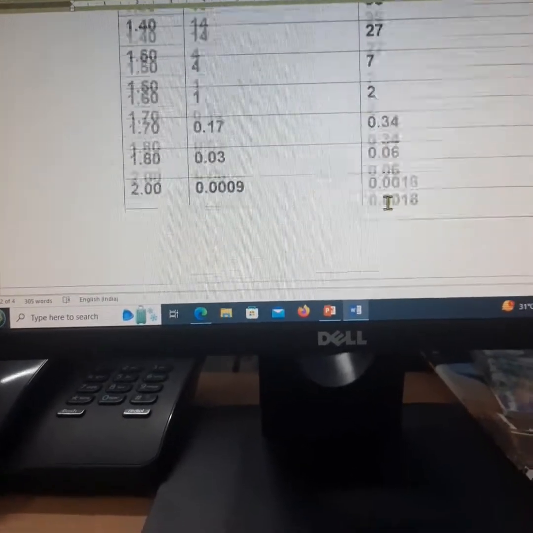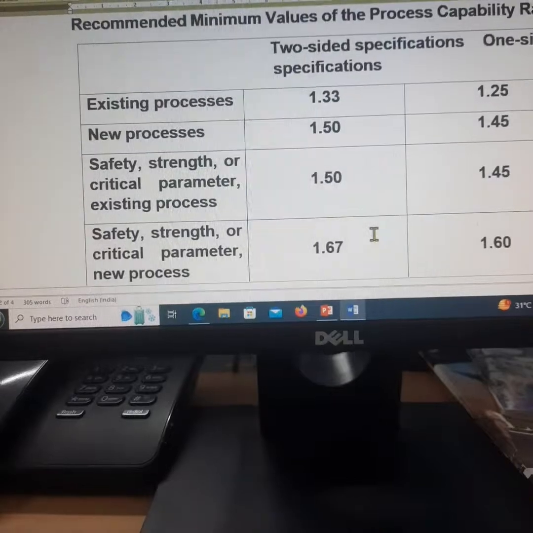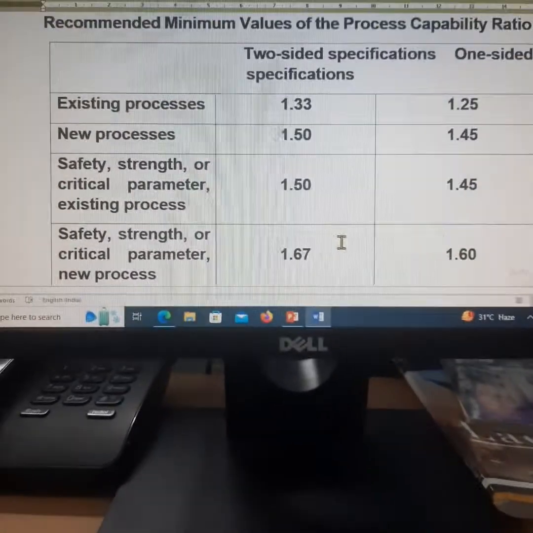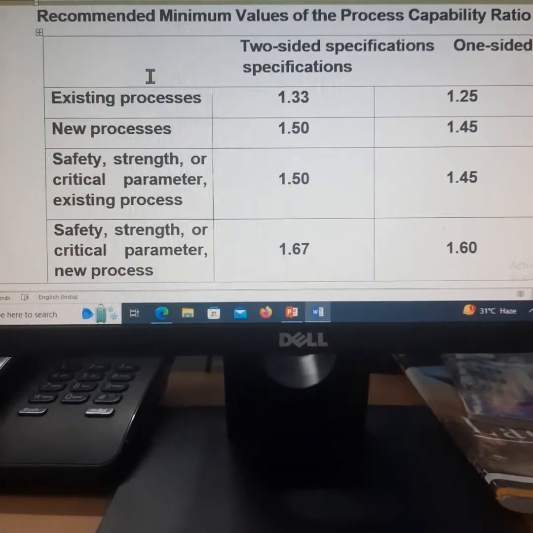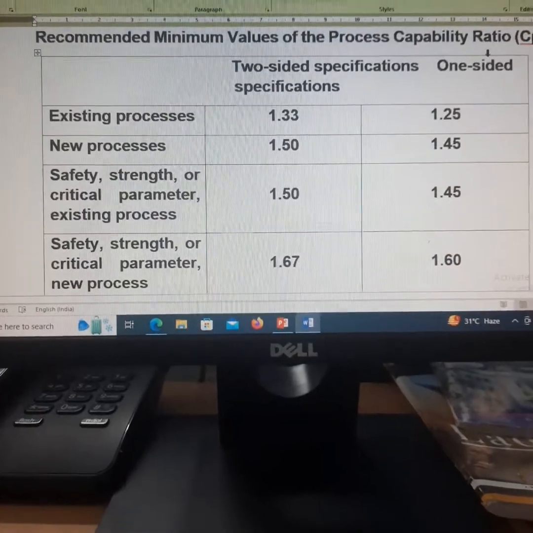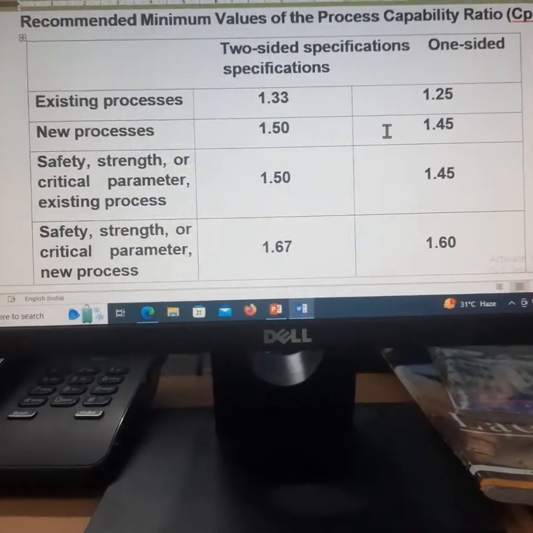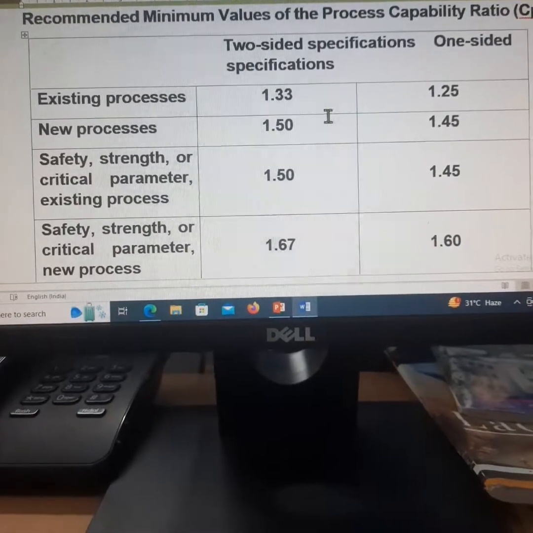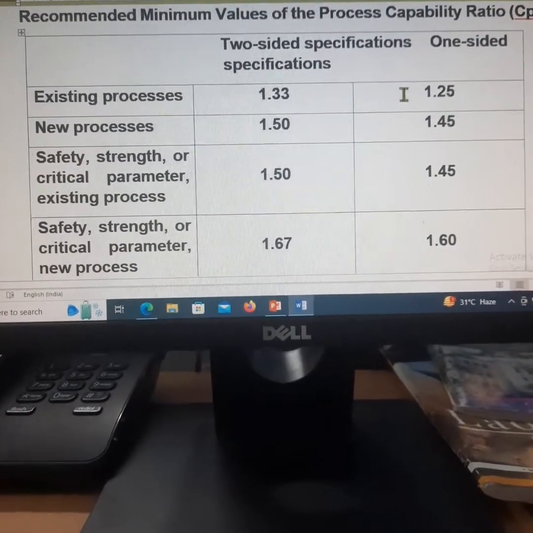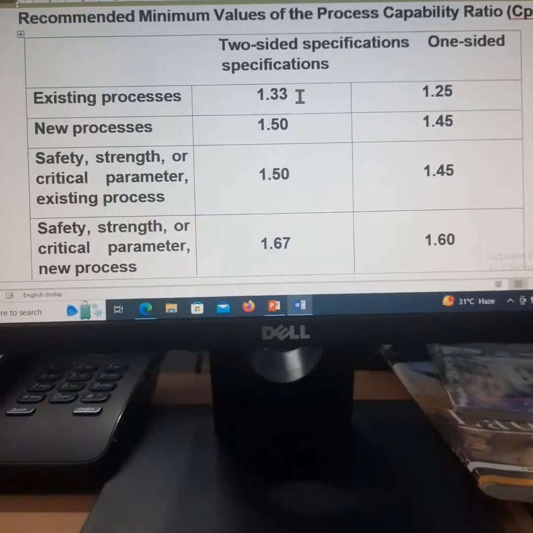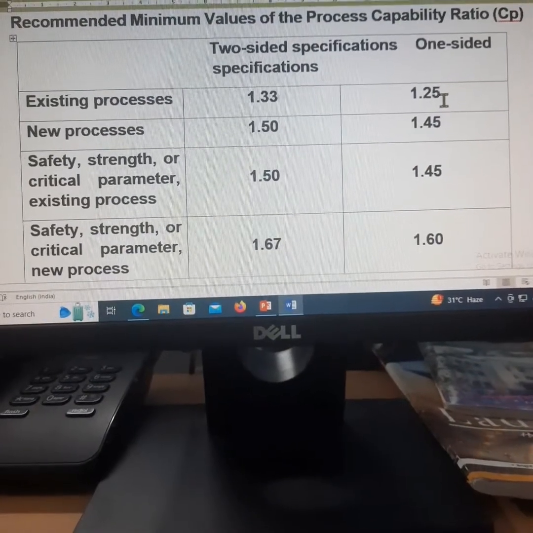The recommended PCR value is given in this table. The minimum recommended value of PCR is given in this table. Just refer to the table. For an existing process, two-sided specification, 1.33. For one-sided specification, 1.25.